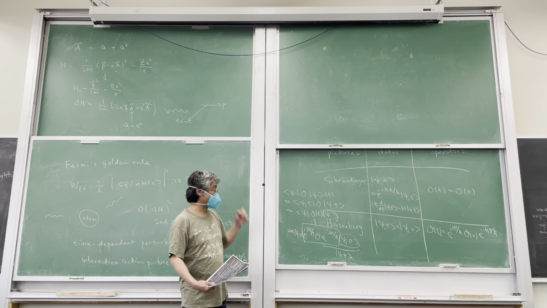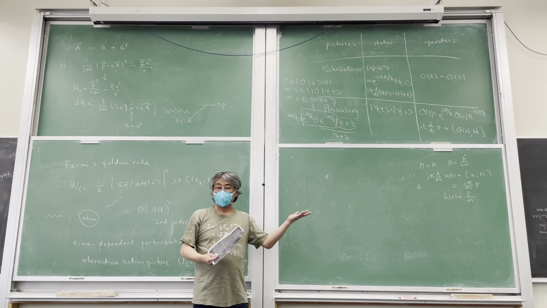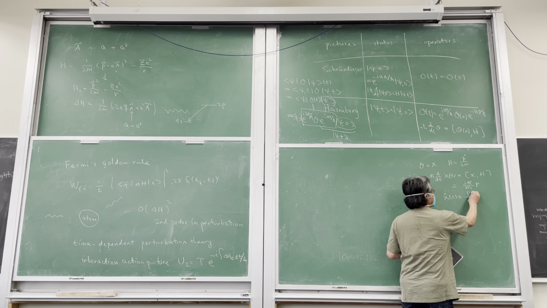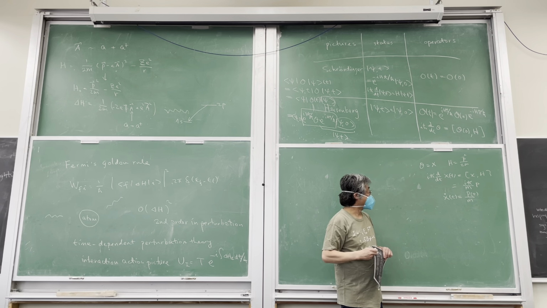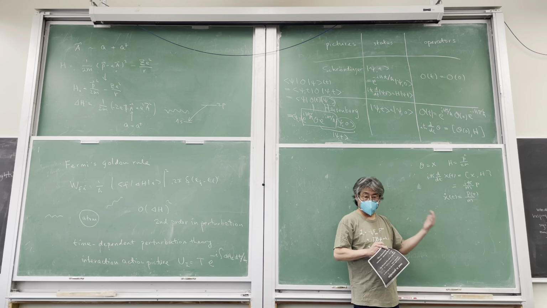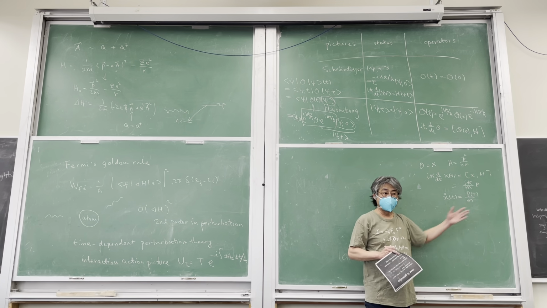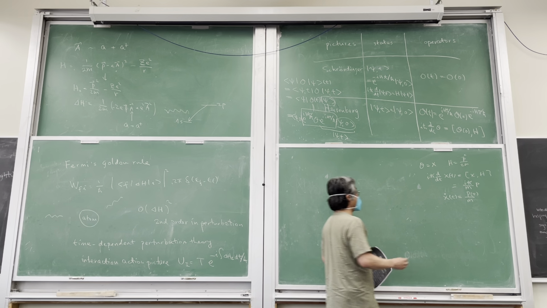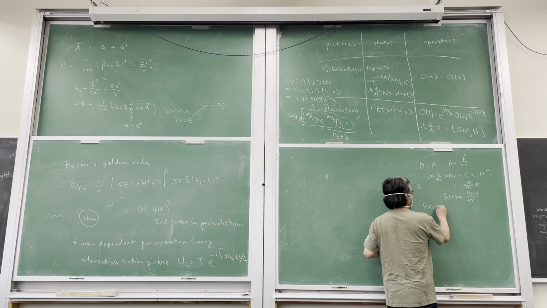And if you remove i h bar from both sides, you find the time derivative of x, namely the velocity, is given by momentum over m. So p is mv, that's what you know from classical mechanics. But this is meant to be an equation among operators, a position operator that depends on time, a momentum operator that depends on time, and they satisfy this equation, which looks very much the same as a classical equation of motion. So this is the Heisenberg equation of motion.